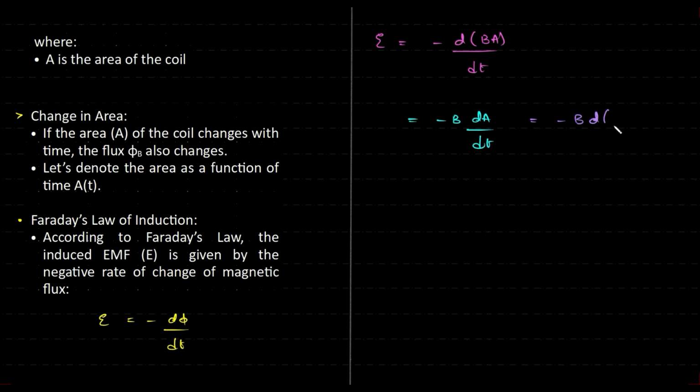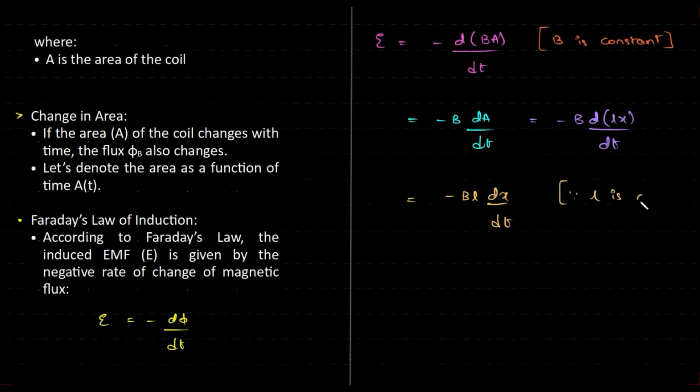So in this case, A can be written as Lx. Right here, B is constant, because your magnet is constant, the strength is constant. And area can be written as length into breadth, but length is again constant. So L dx by dt.